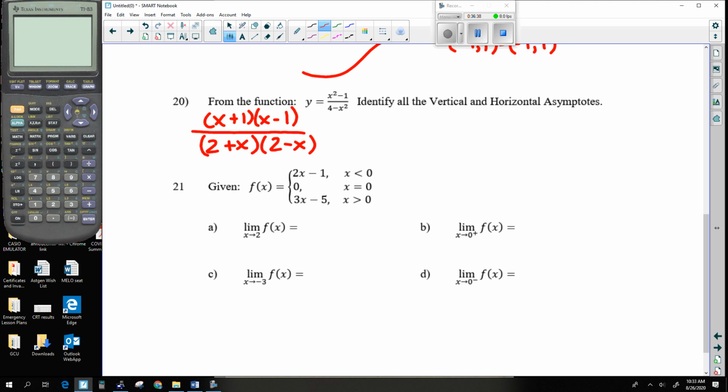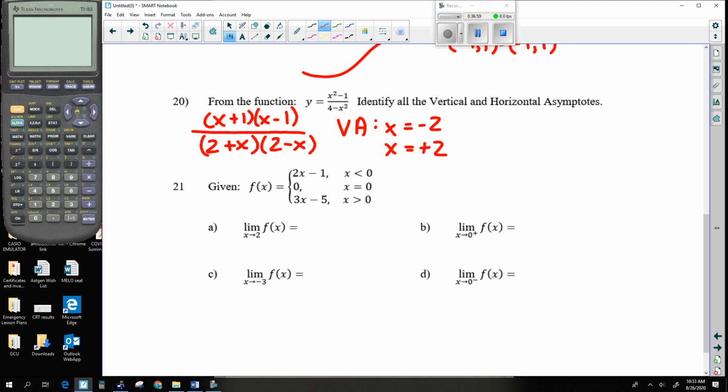So bottom zeros would be x is equal to, excuse me, nothing drops. Notice that nothing drops, so all the bottoms are vertical asymptotes. Vertical asymptotes would be at x is equal to -2 and x is equal to +2. That would create bottom zeros.